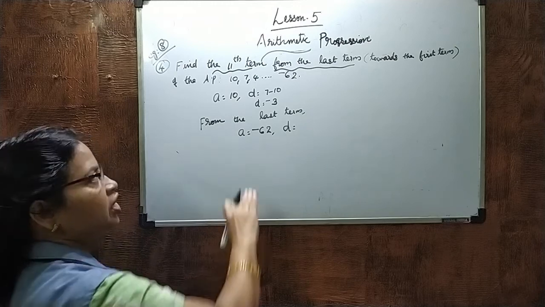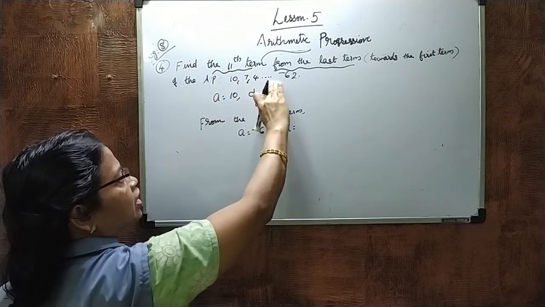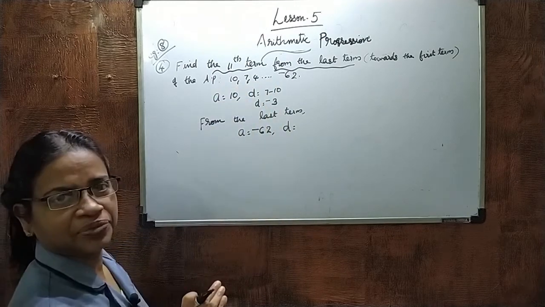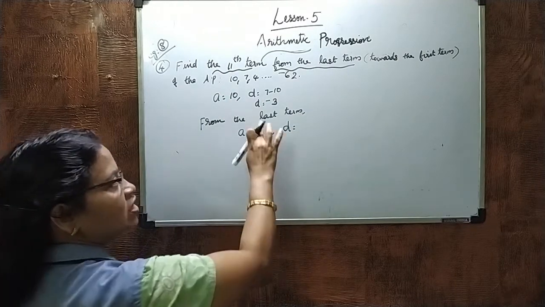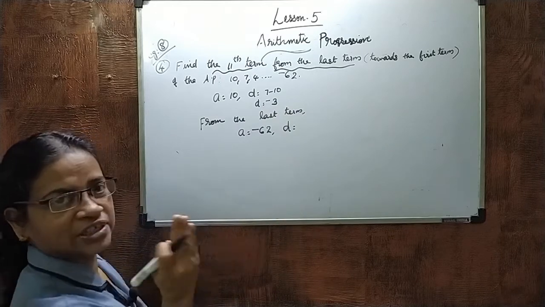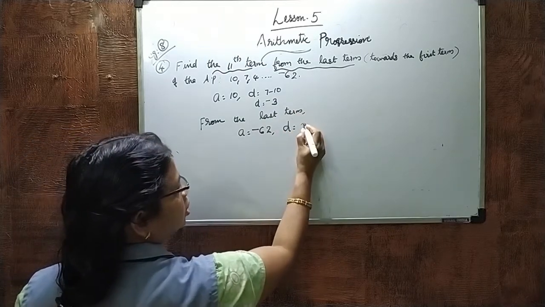Here we are taking A2 minus A1, but from there you have to take the opposite sign. So, D is equal to positive 3.